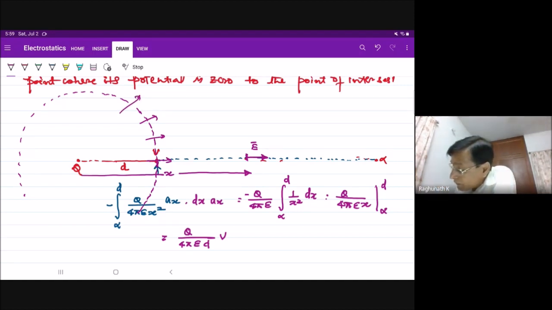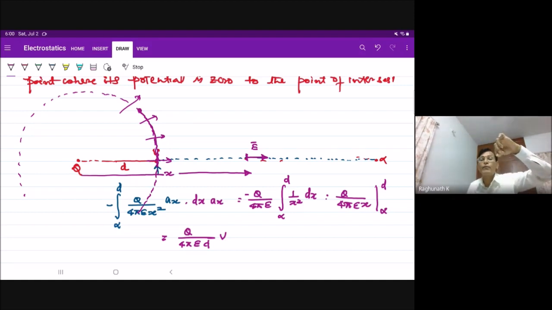From this point, which is at a distance d, if I move to any point on the sphere, what is the potential? Still the same. Q by 4 pi epsilon d. From any point at infinity, you bring it nearer to the sphere, straight towards the point charge, and come onto the surface of the sphere. From there, if I start moving on the sphere of radius r, what is E bar dot dl bar for any path on that?